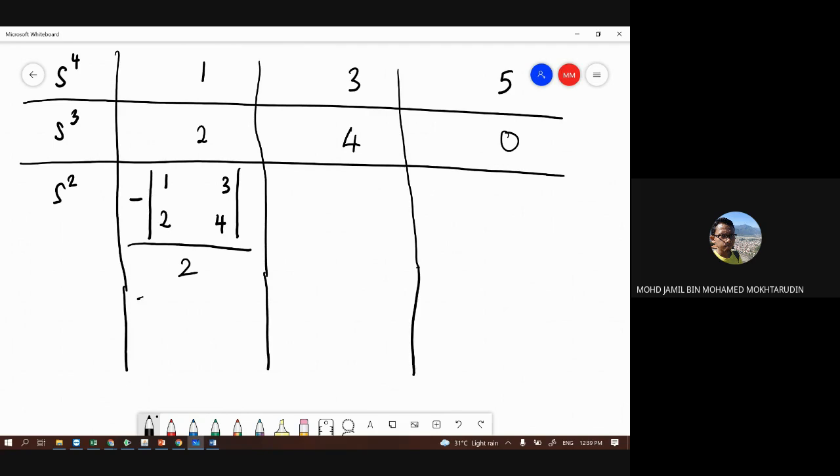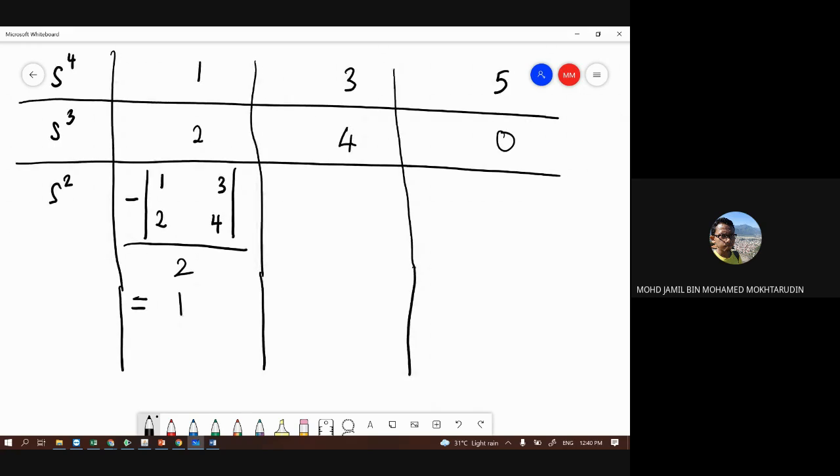So here we get 4 minus 6, negative 2, gives 1. We will check later whether it is correct.